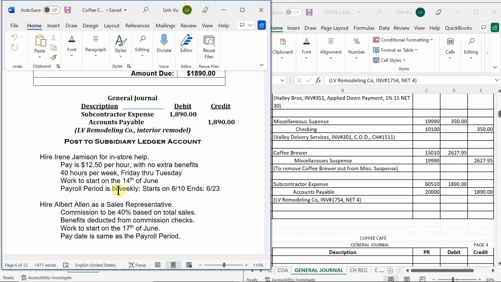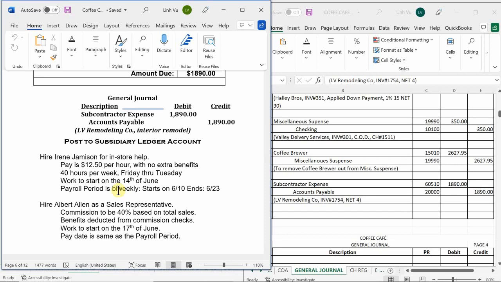Those are extra benefits. Okay. She's set to schedule for 40 hours per week. She works Fridays through Tuesday. So that means her work period is Friday, Saturday, Sunday, Monday, Tuesday. She takes Wednesday and Thursday off, because we would need her for the weekend, because usually coffee shops are busier during the weekend, right?